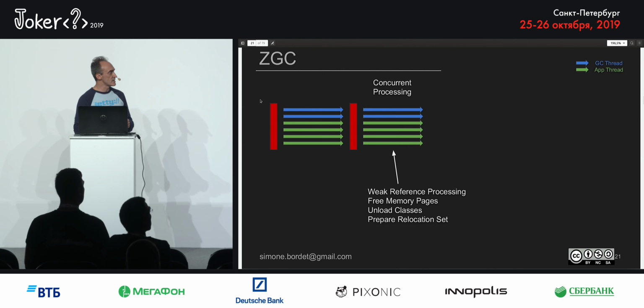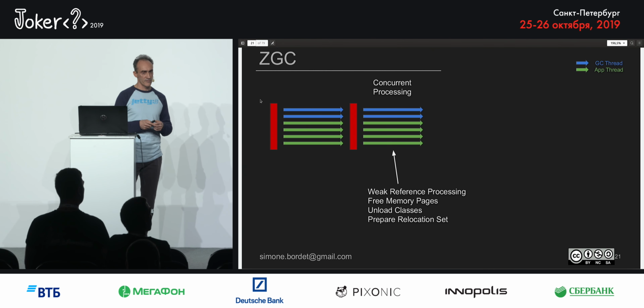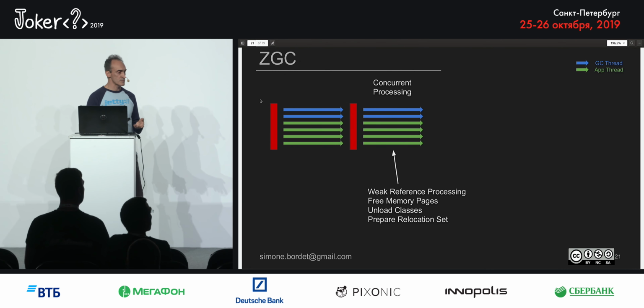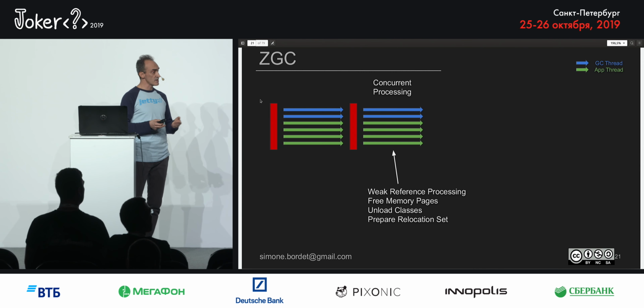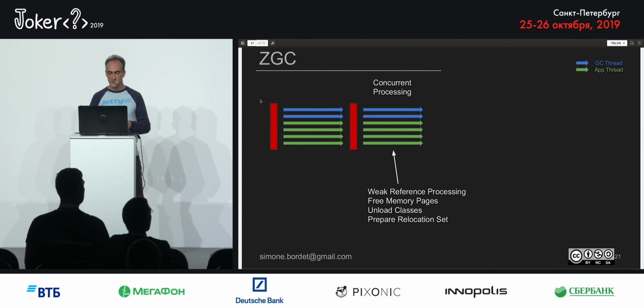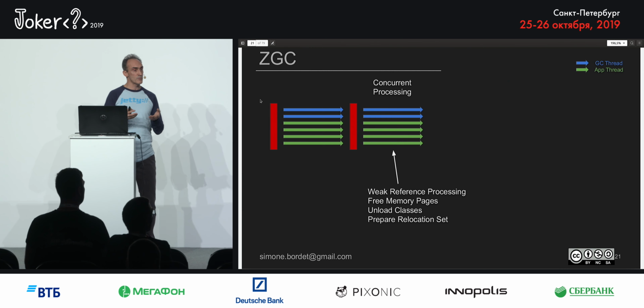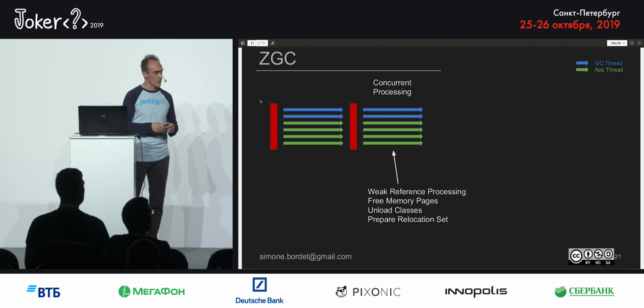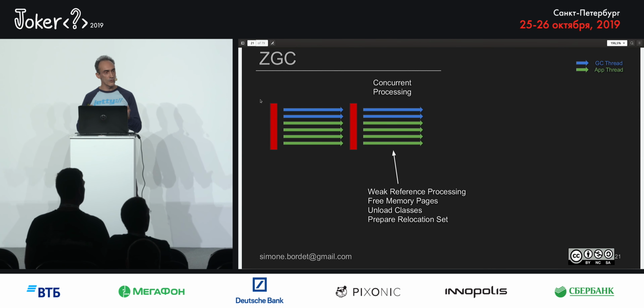What follows is another concurrent phase where ZGC does a lot of things concurrently. For example, it performs reference processing concurrently during this phase. It frees the memory pages that it found were empty in the previous concurrent marking. It unloads classes.